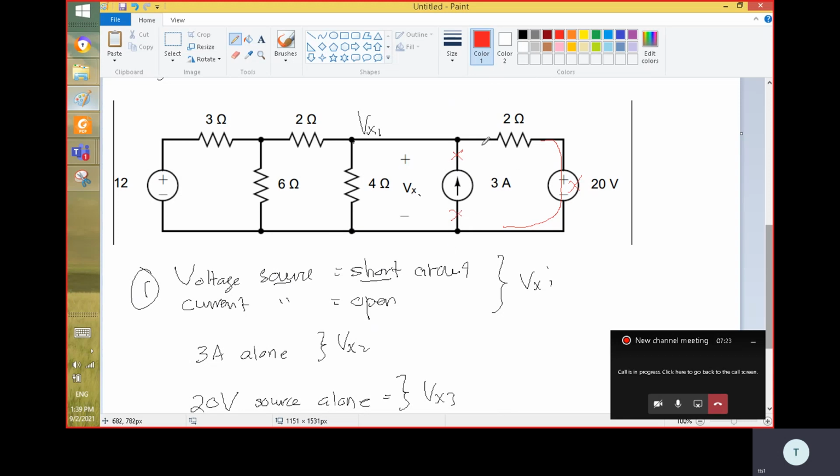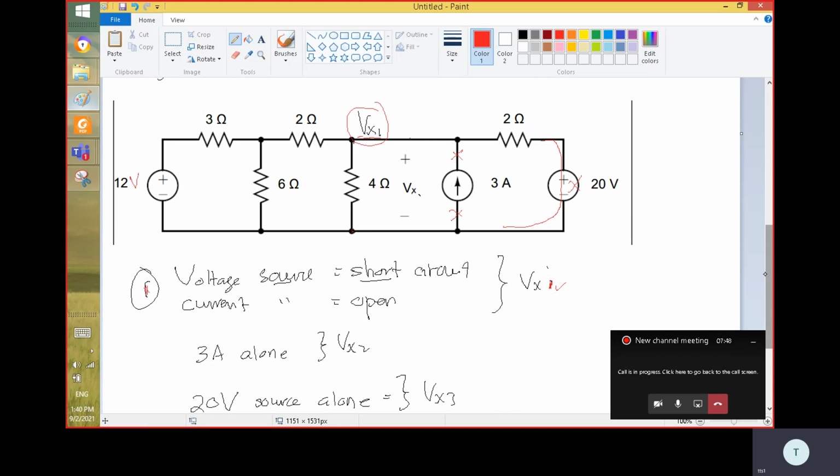So you have only 2 ohm here after this branch, and then it joins this node. But this 12 volt is still here. Then you try to find the Vx. You find the first Vx, we call it Vx1 actually, Vx1 for step 1.